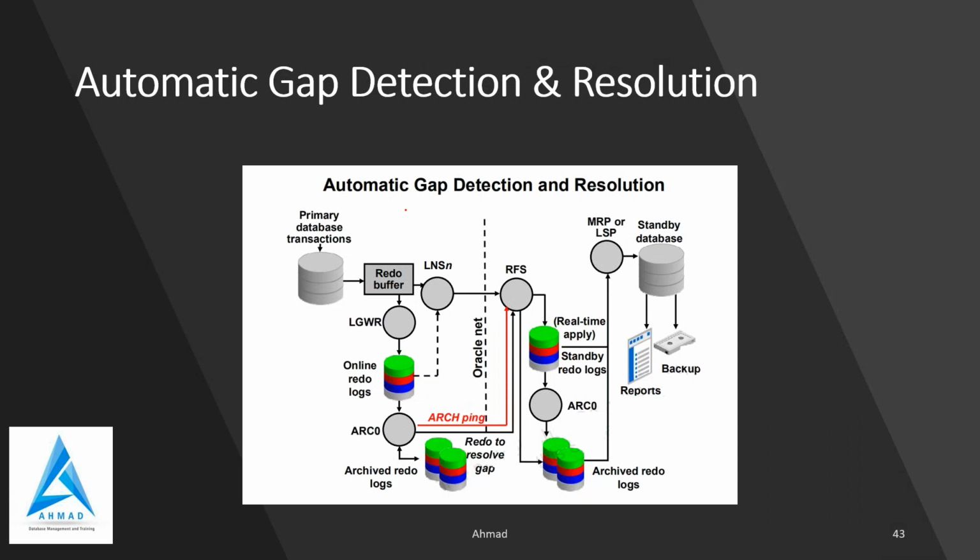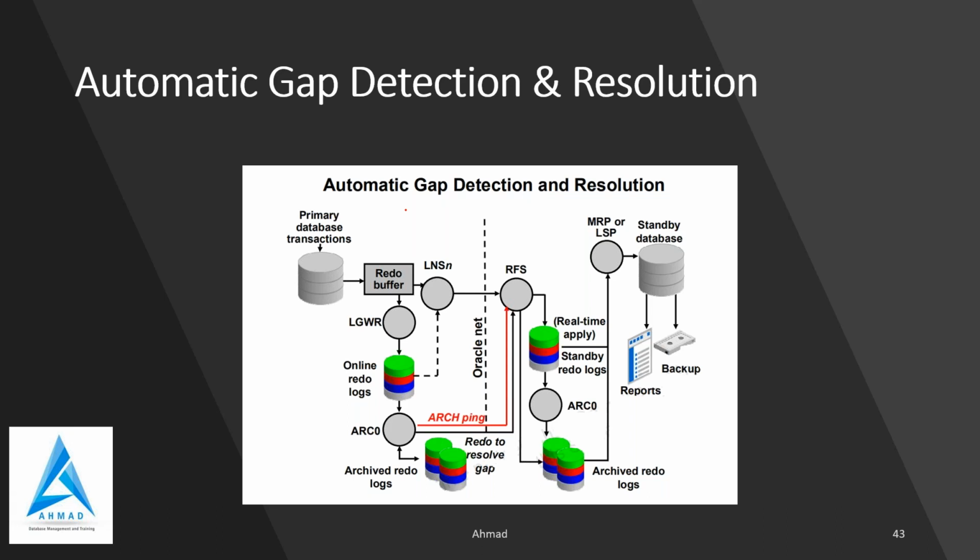Now we know that if any gap happens, automatic gap detection and resolution can happen in your standby database. How? If connectivity is lost between the primary database and one or more standby databases, the redo data being generated on the primary cannot be sent to those standbys because of the network disturbance. When the connection is re-established, Data Guard automatically detects that there are missing archive log files, referred to as a gap.